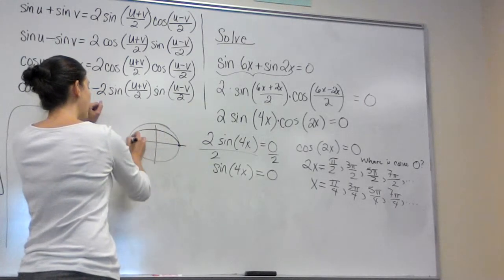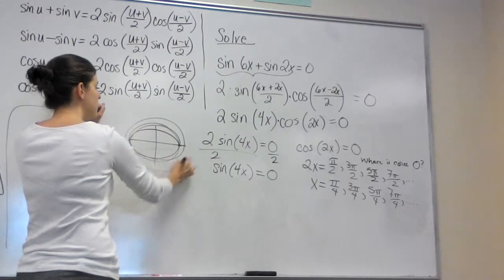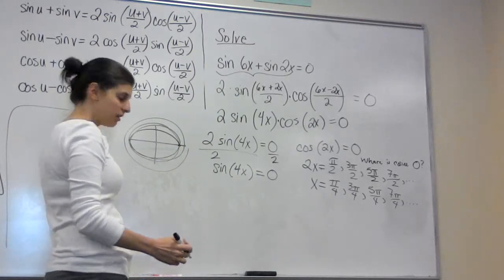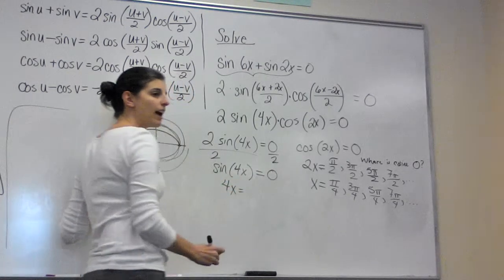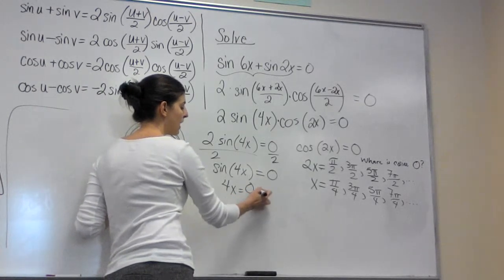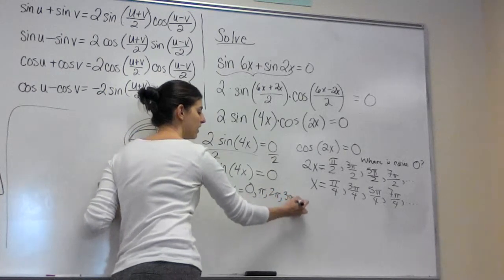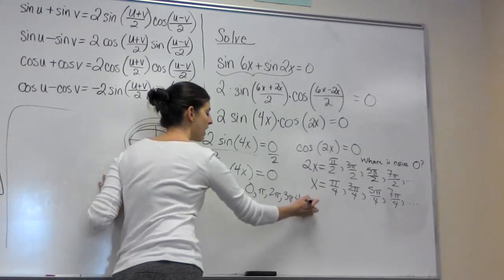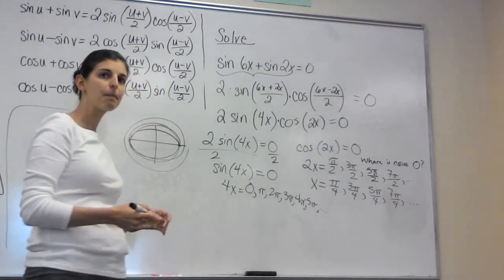So 0, pi, 2 pi, 3 pi, 4 pi, 5 pi, and so forth. All multiples of pi. So my angle measures, which are 4x, are going to equal 0, pi, 2 pi, 3 pi, 4 pi, 5 pi, and so forth.